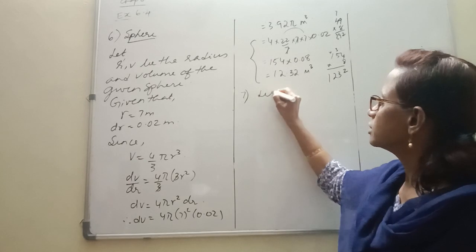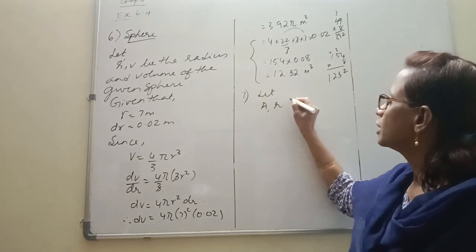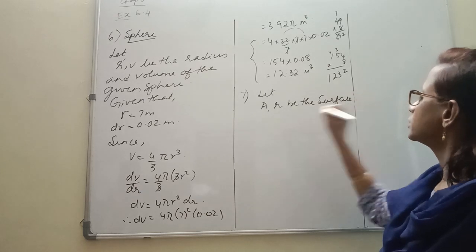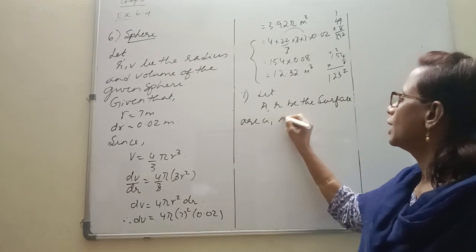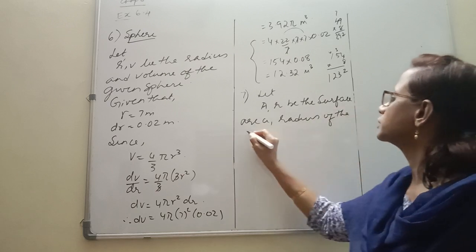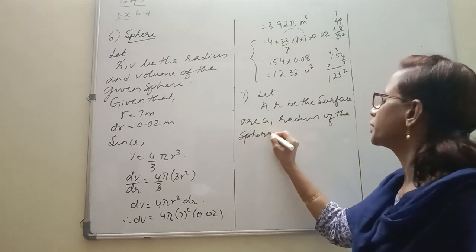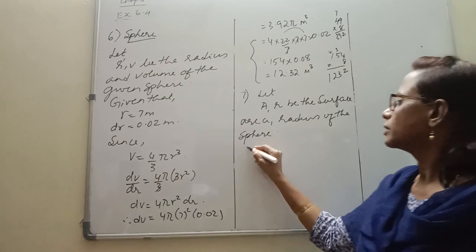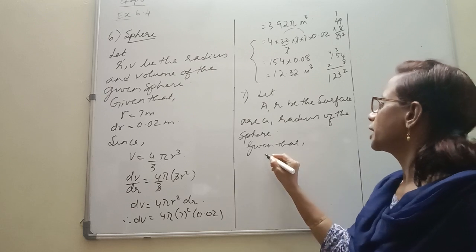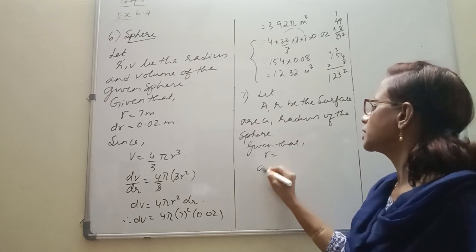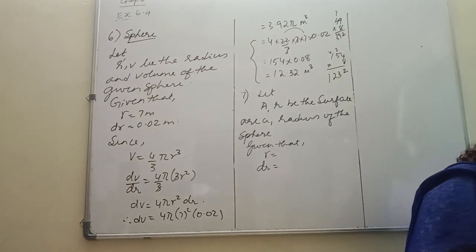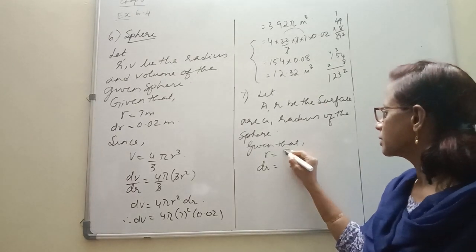As usual, let A comma R be the surface area and radius of the sphere. So given, what do they give us? The radius they give us, and they give us its error: 9 meters and 0.03 meters.